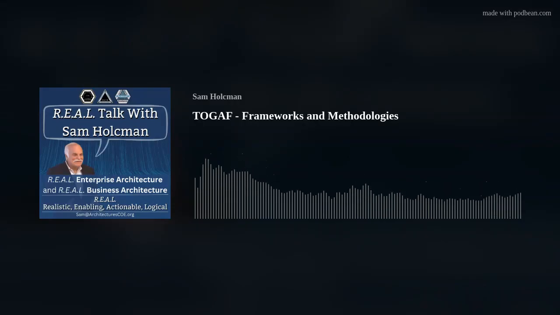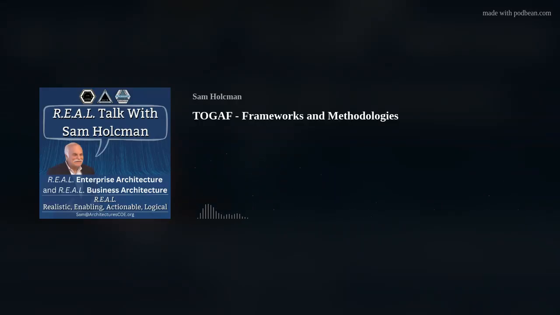Organizations often struggle to determine whether they should treat TOGAF as a rigid framework or a flexible methodology. This ambiguity can result in inconsistent EA practices across teams. Overwhelming complexity.